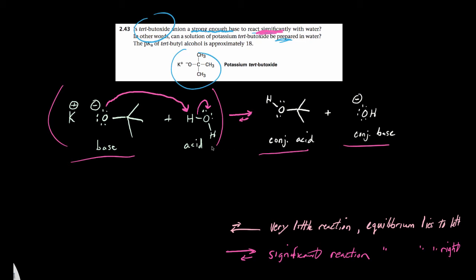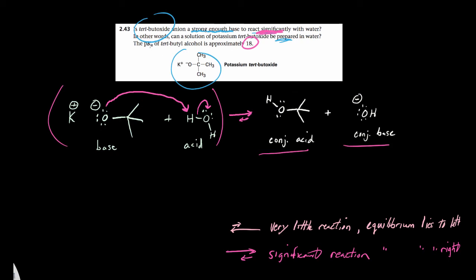That's the question. Now, how do we figure this out? Well, we're given a big hint here, which is that the pKa of tert-butyl alcohol is 18. Actually, I'll put it over here, because this is the tert-butyl alcohol. This is the acid that we're talking about.